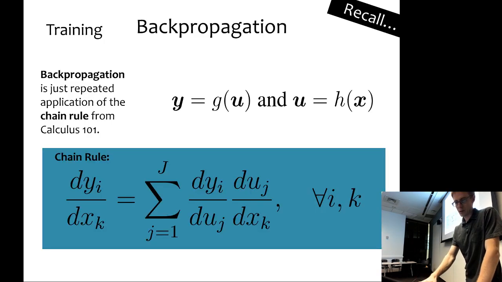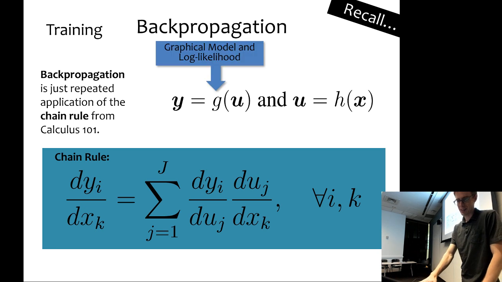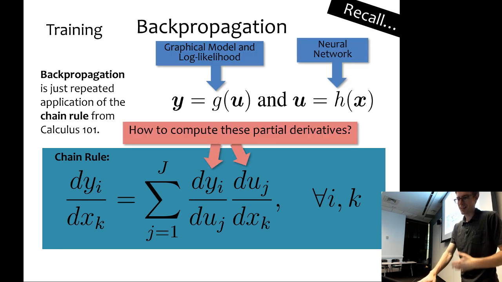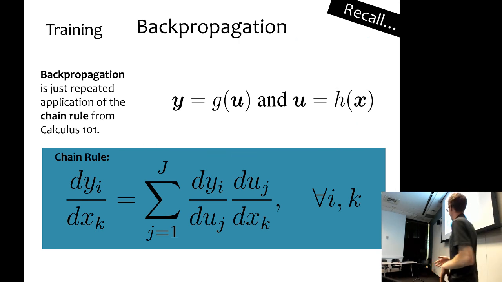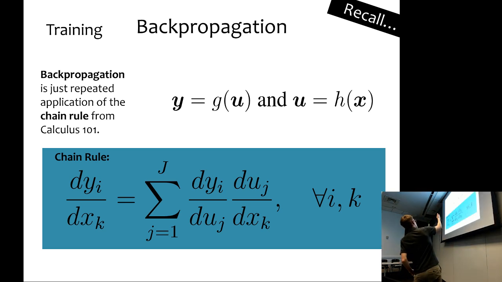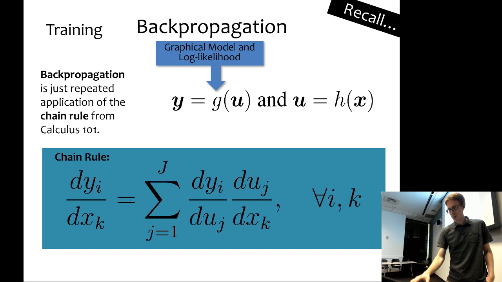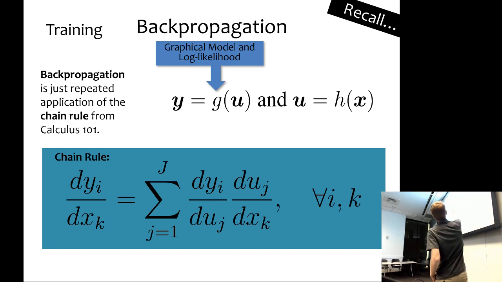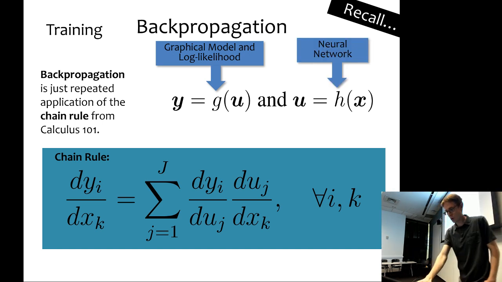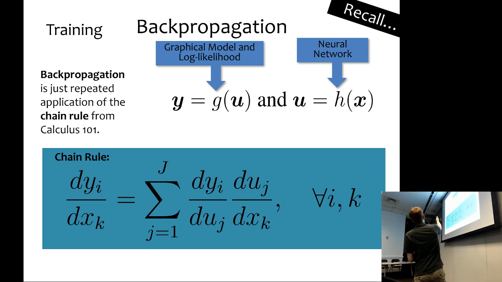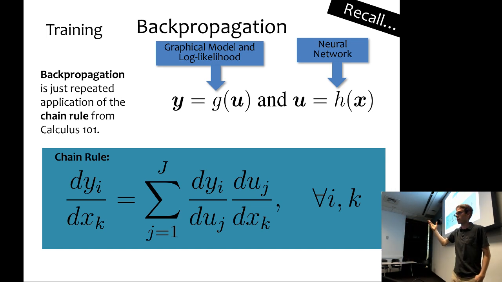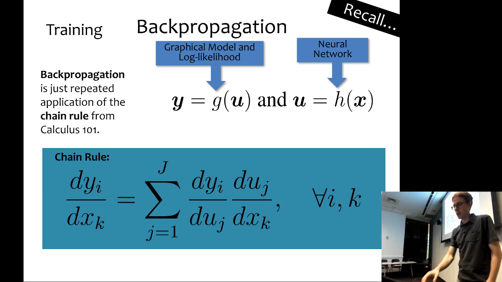Okay, I have some slides here that summarize what we just talked through. How do we compute the actual gradient here? You could think of this as dividing your function y of x into two parts: one is the part g that computes the graphical model log likelihood, and the other is the part h that computes the actual output of the neural network.